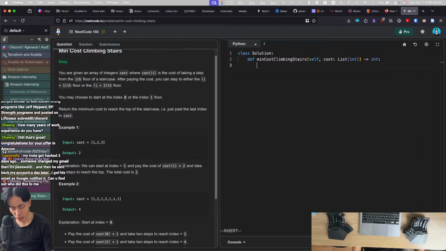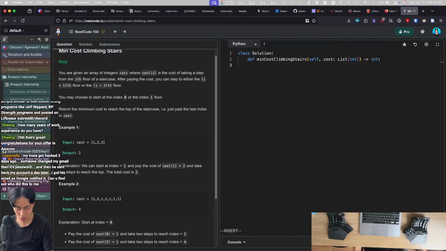Or is it a top-down dynamic programming approach? It may be a top-down, and then we can make a bottom-up. If you do make a bottom-up, it means you go from the top of the staircase, and then you can either -1 or -2 your whole way down the staircase. And this would be a bottom-up approach, I think.